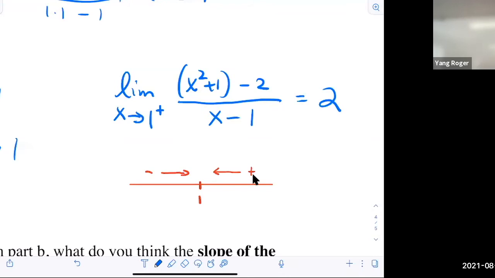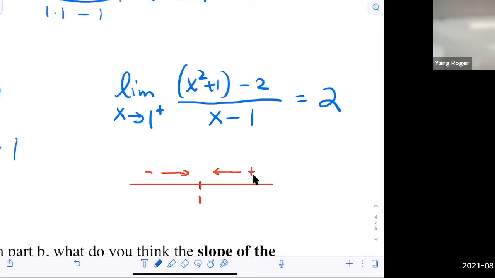Yeah, so let me explain why. I understand your question now. This expression right here is fixed, because this is the change in the y values, and this is the change in the x values. When we talk about coming from the positive side and the negative side, we're talking about which numbers we are plugging in for x.